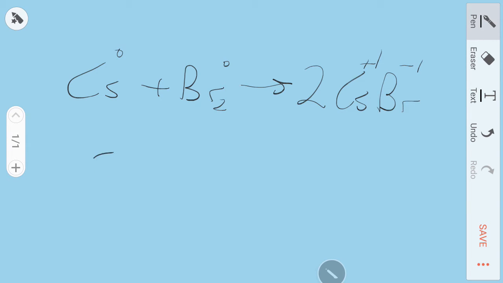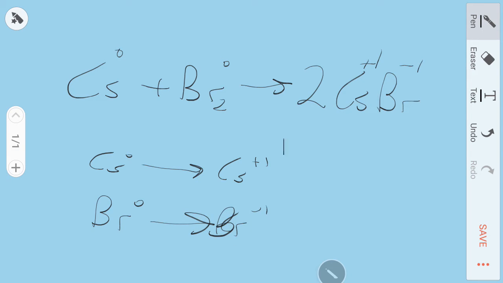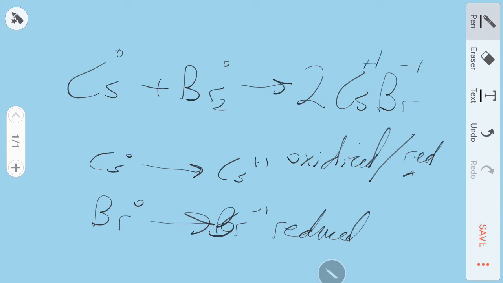So Cs went from 0 to +1. Bromine went from 0 to -1. So cesium, as you probably guessed correctly, was oxidized. Bromine was reduced. Who reduced bromine? Cesium. So cesium is the reducing agent. And who oxidized cesium? Bromine. So that makes bromine the oxidizing agent. That was number 3.